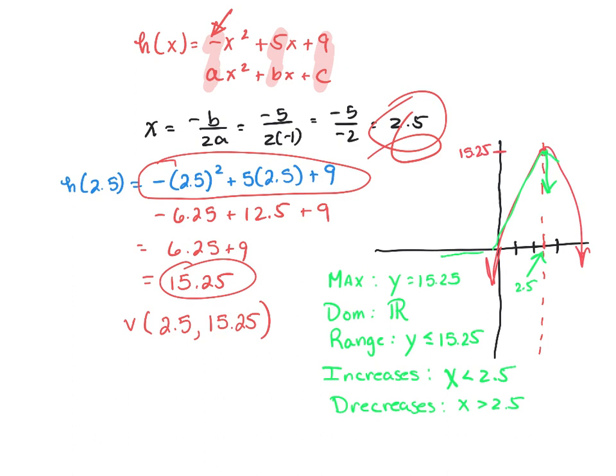As I get bigger than 2.5, it starts to come down. And there we go. Key thing is, hang your hat on this. Find that axis of symmetry, substitute it in, and that gives you the vertex. Make a quick sketch, and then you just have to interpret your final graph.